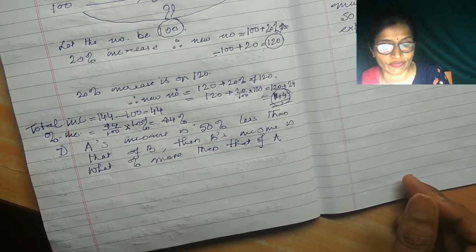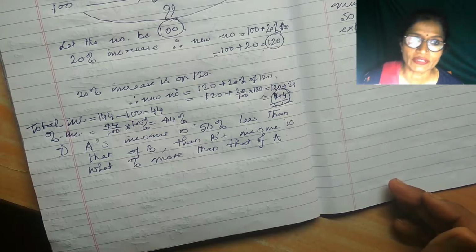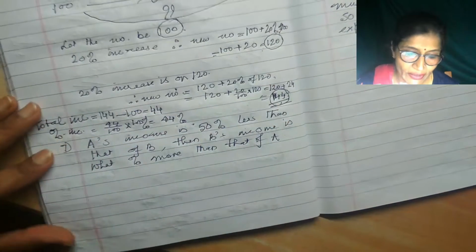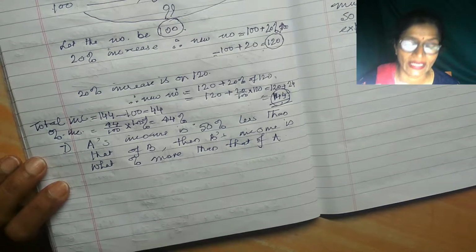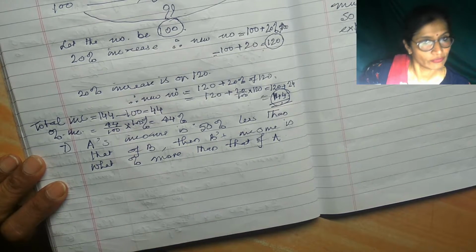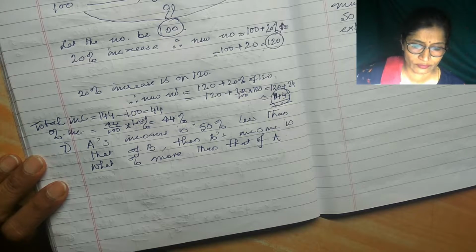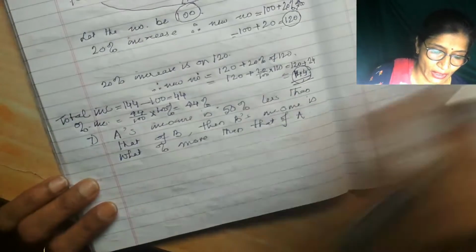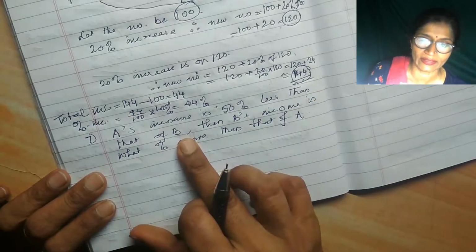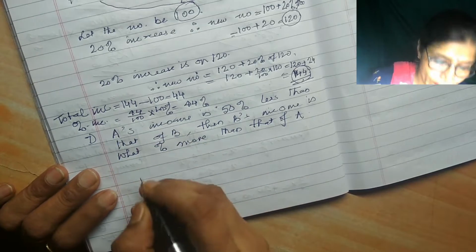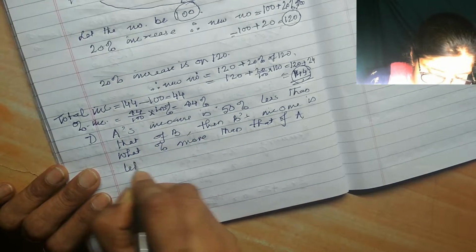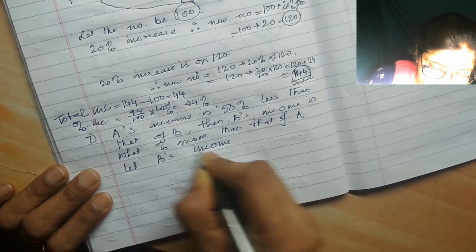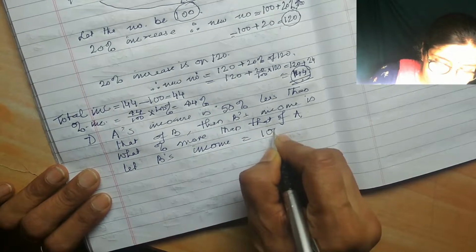A's income is 50% less than B. So if you suppose that B's income is 100, what will be A's income? 50, that is 50% less than that of B. So let B's income be equal to 100.